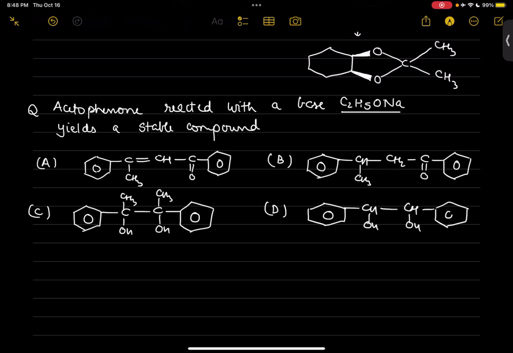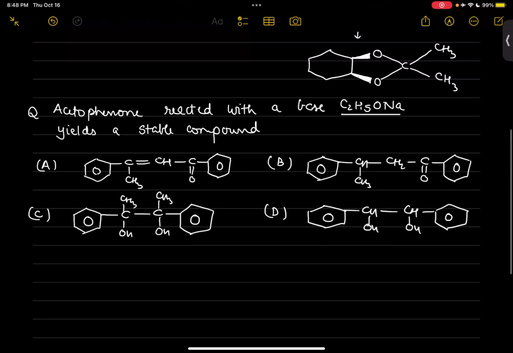So very easy question. Which reaction is it? You can tell me. And what is going to be the answer to this question?